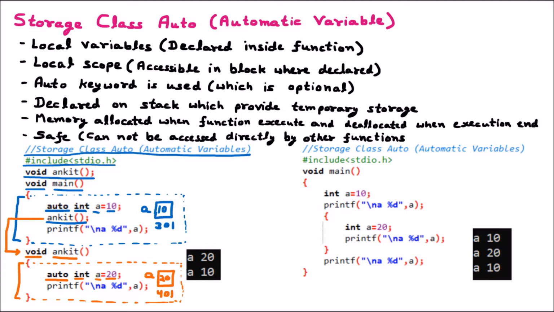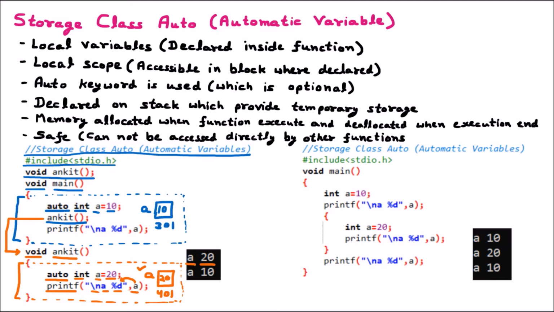Then afterward we have printf, printing on the screen, \n for the new line, and a, so a will be printed. Then %d for the integer value, it will take the value from a. We know that the variable we have locally is a, so its value is 20. So it gives the answer 20. Then afterward, control will go back to the main program.